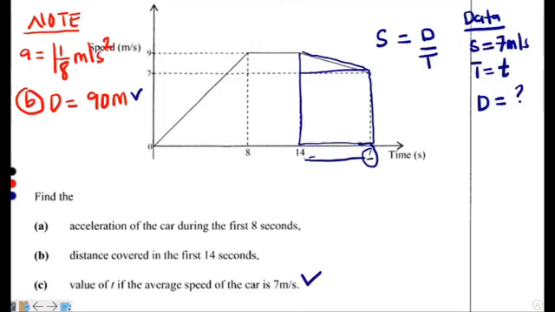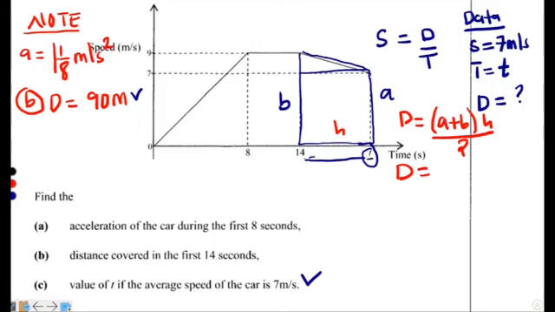So since it's a trapezium, we are going to use the formula for finding the area of a trapezium, which in this case is distance equal to (a plus b) times h over 2. When you look at this shape, the value of a will be here, then from here we are going to have the b, then the height will be down here.